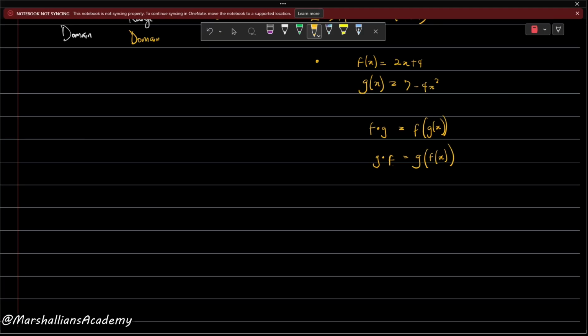We are given three functions here: f of x being 4x, g of x being x plus 5, and we are given h of x, a new function again, to be x squared.